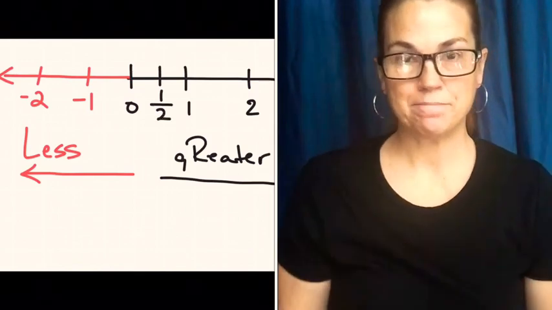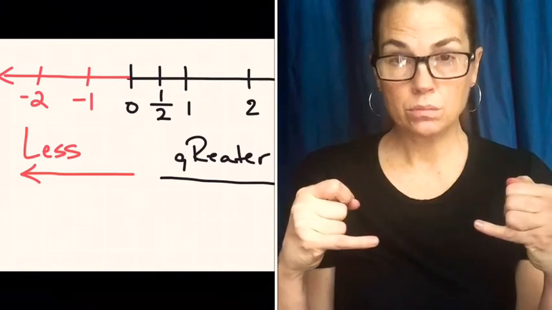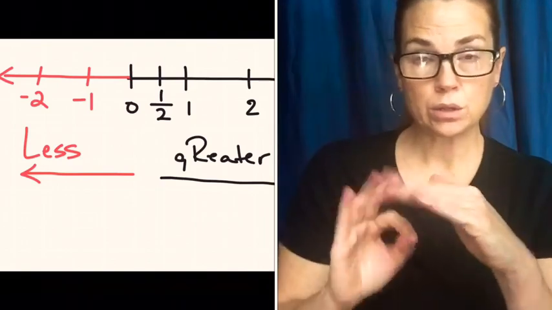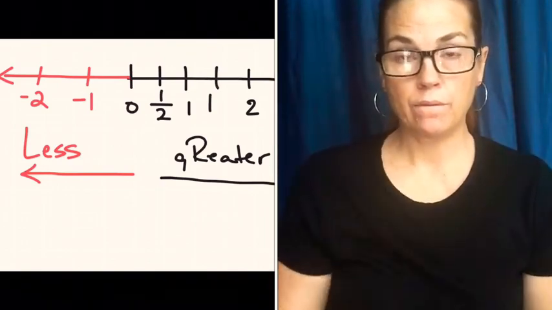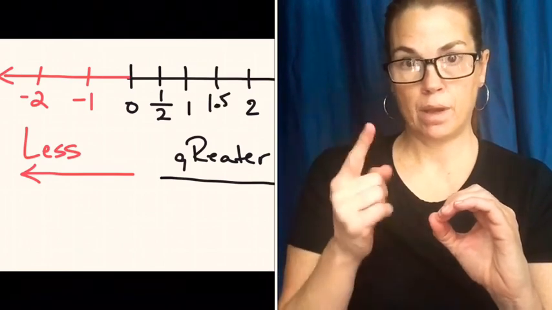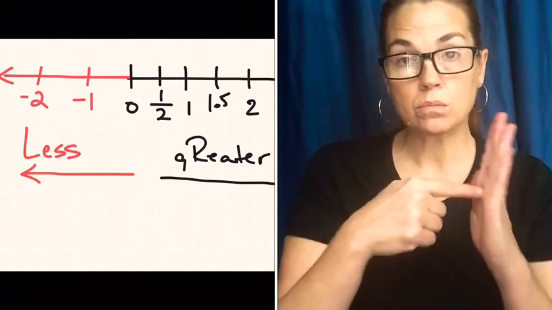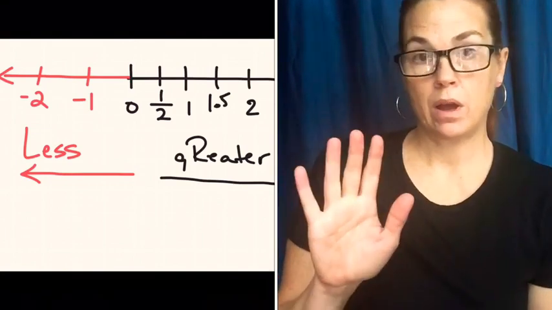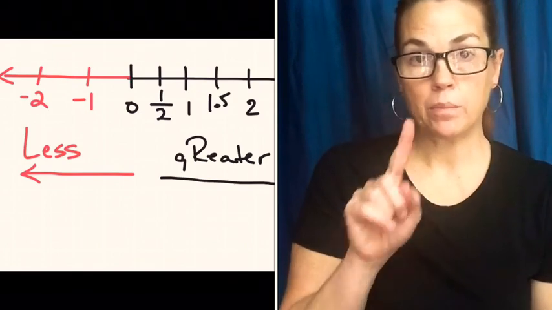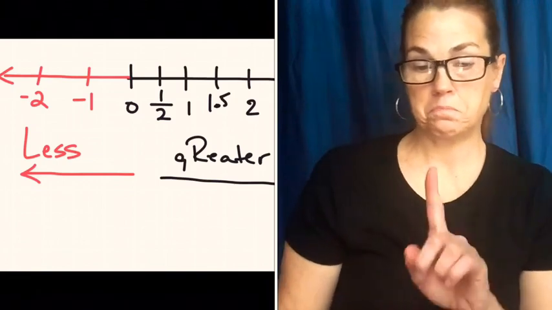For example, 1/2 would be halfway between 0 and 1. Decimals, 1.5 or 1 5/10 would be the same value as 1 1/2. So therefore, it would fit halfway between 1 and 2. The same thing, of course, would be true going the other way.